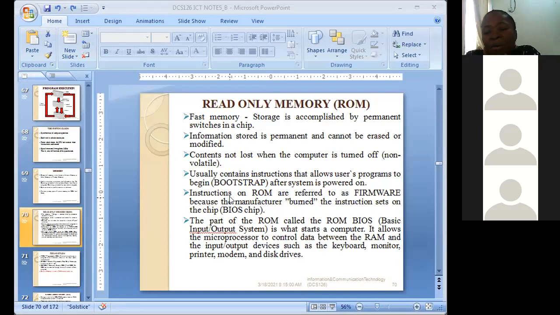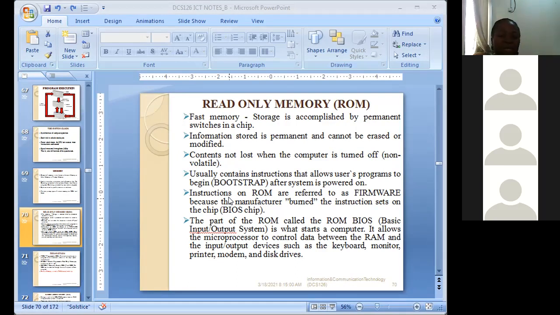Okay, now the read-only memory. I want you to imagine the memory as a box. Imagine it as a box divided into two. One part is the read-only memory.